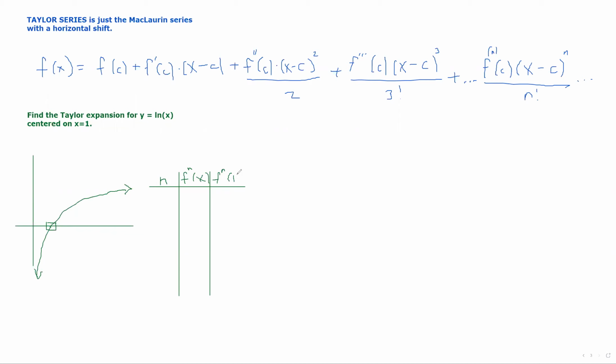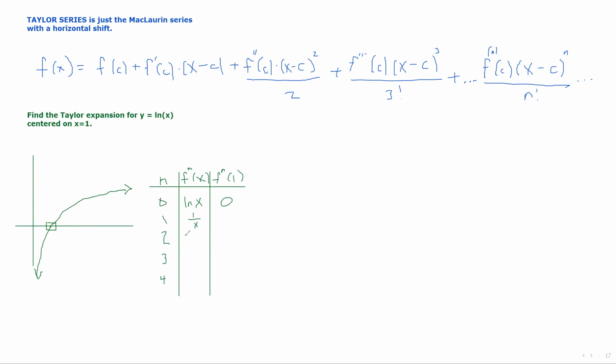Before we did it at 0, but in this case we're going to do it at 1 because that's what we're centering on. So 0, 1, 2, 3, 4. So, all right, regular old function without doing a derivative is ln of x. ln of 1 is 0. It's the x-intercept. All right, derivative of ln x is 1 over x.